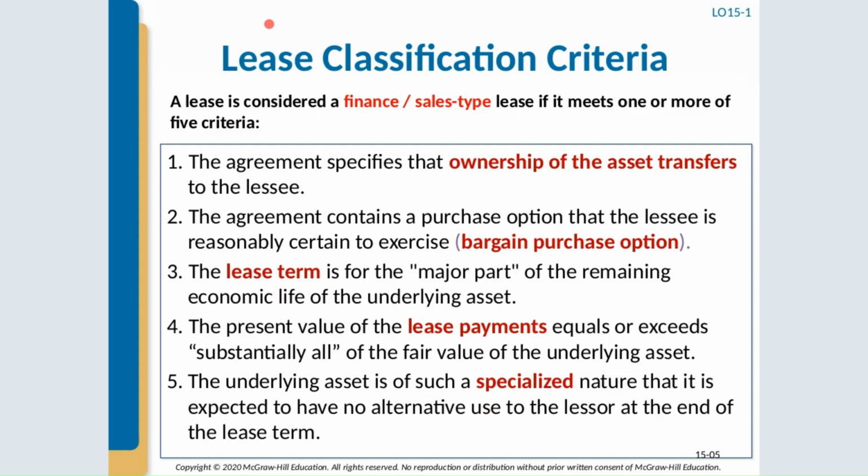How do we make that determination if it's going to be a finance or sales type lease? It has to meet at least one or more of the 5 criteria that are listed here. Okay, so you kind of have to memorize this criteria. And if it doesn't fall under any of these 5 criteria, then that means that it's going to be treated as an operating lease.